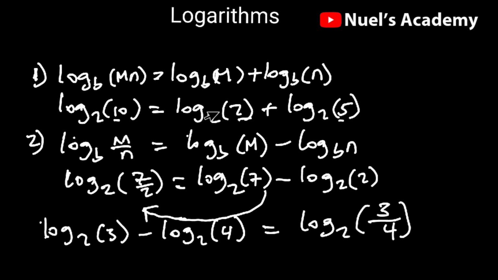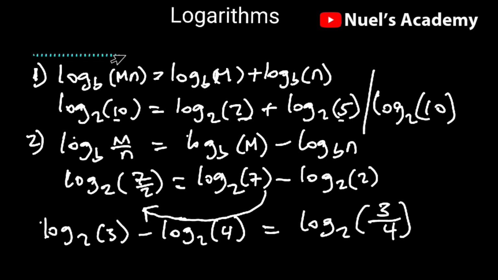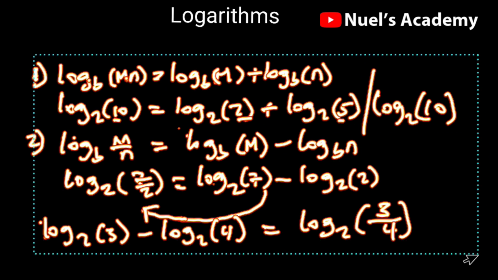Alright, same thing is applicable to the first law. This can also be taken back to the initial form of log 2 of 10. You're going to say 2 times 5, which is going to give you 10. Alright, so let me wipe the screen. Let's go and see the third law of logarithms.